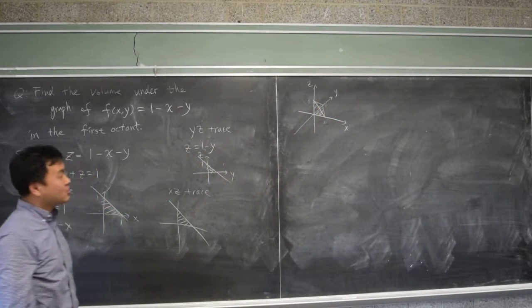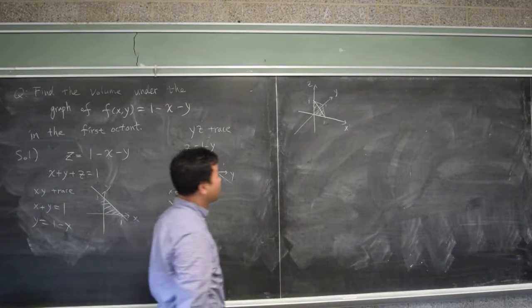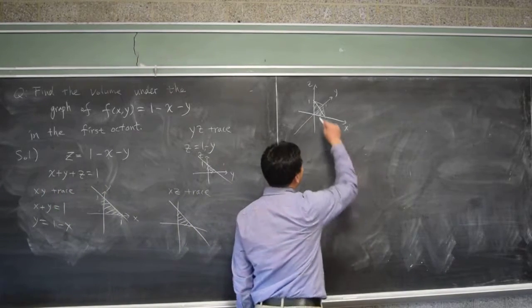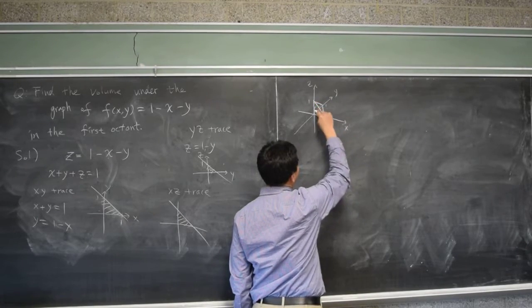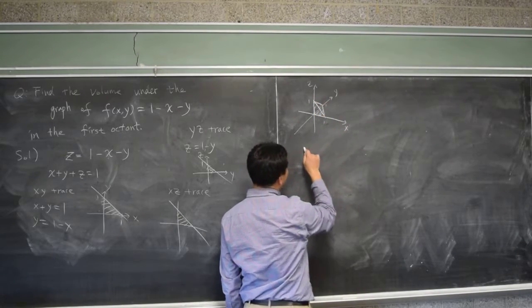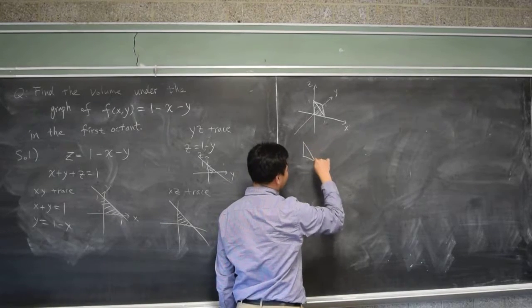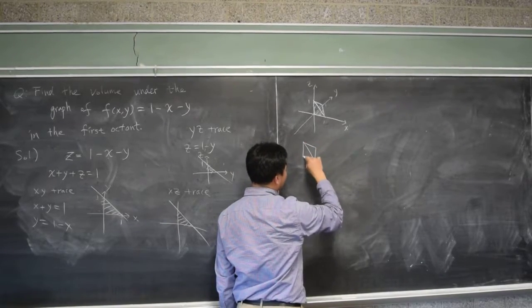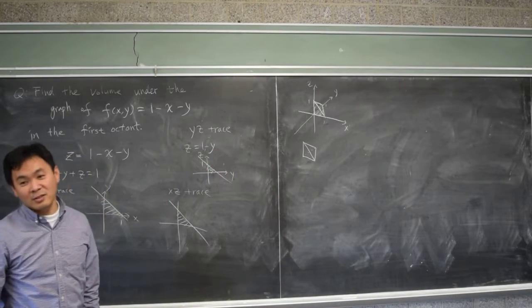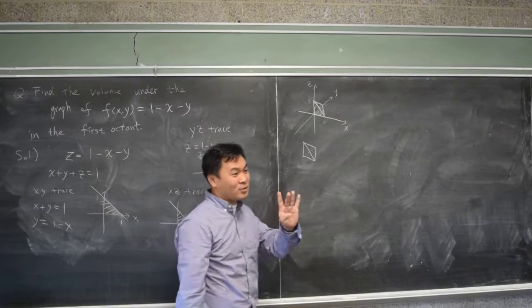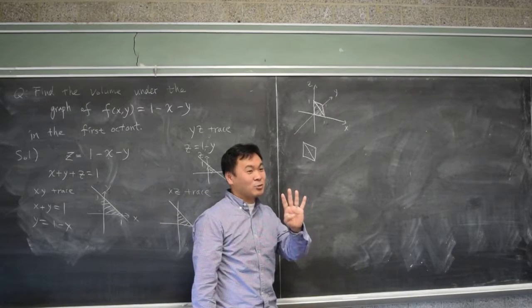So how many sides does this have? Four. What do you call such an object? To say four, you use the word tetra.